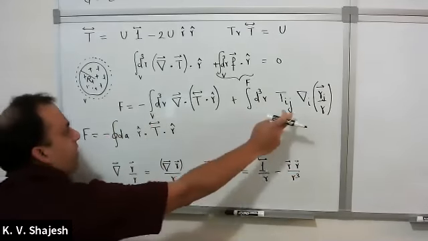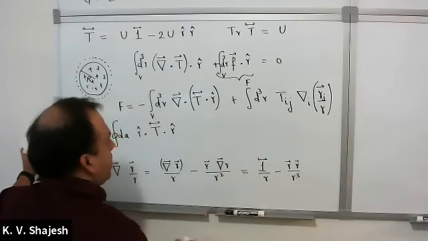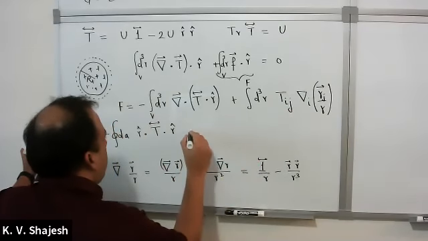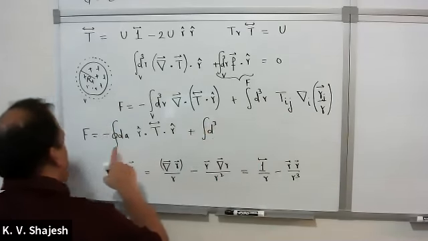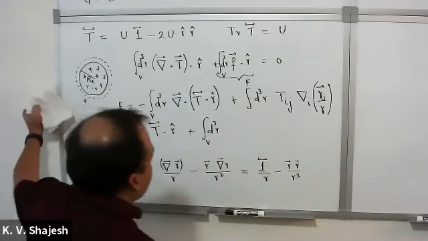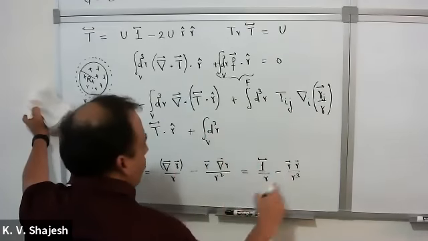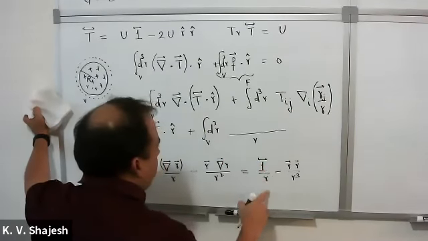So if I use that in this relation, this multiplied by this gives you a trace. So this is plus d cube R. This is a surface integral. This is a volume integral. T multiplied by this, that is an overall 1. You divide that by R here.